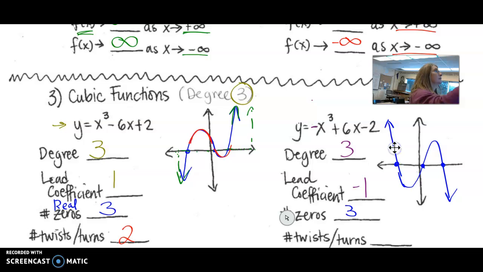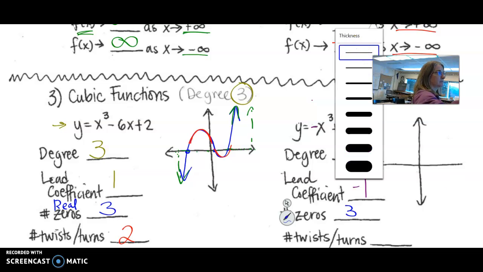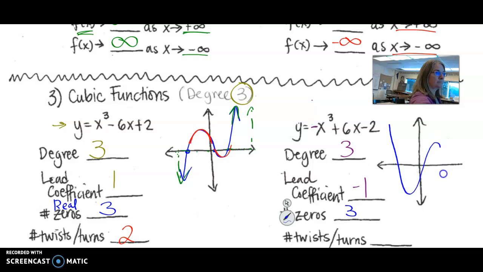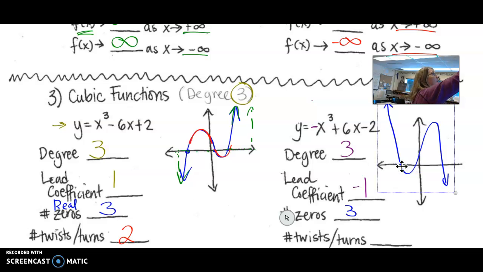I'm going to redraw this graph so you can see this. If I were to shift this graph up by adding a number, right here I have 2 zeros, one right here and one right here. Oh, I still have 3, sorry.